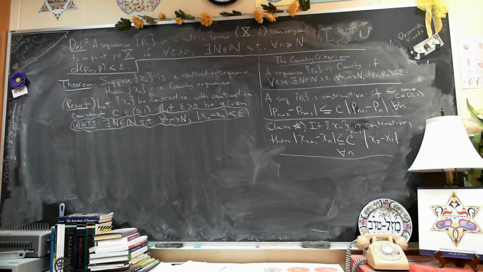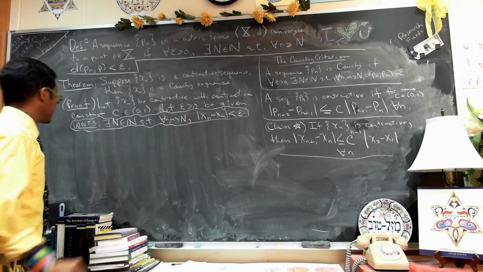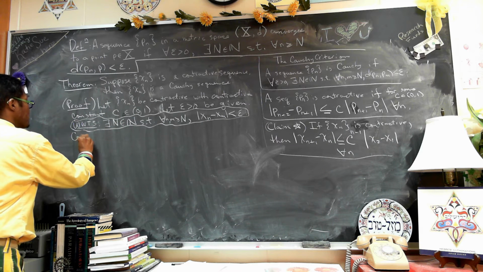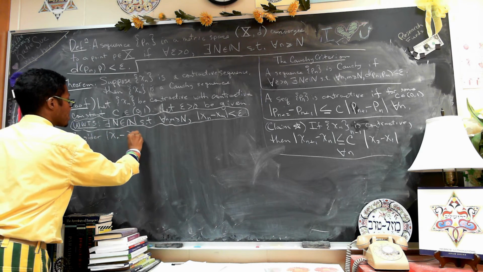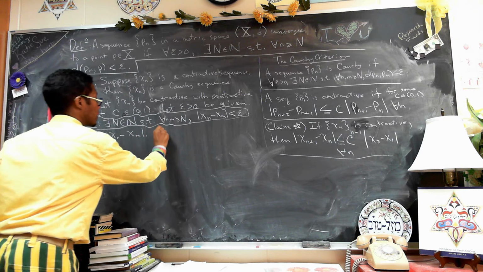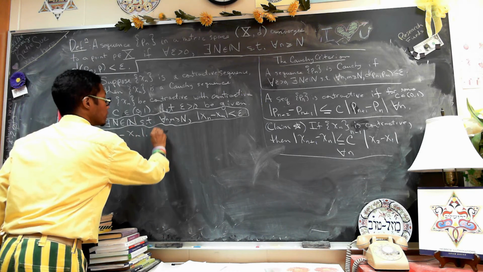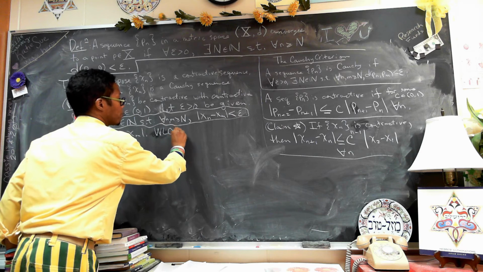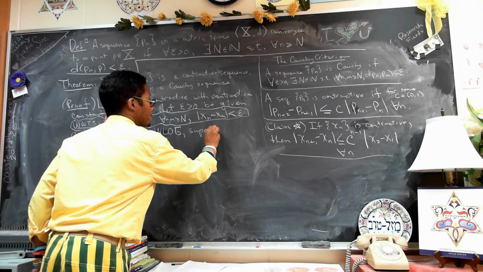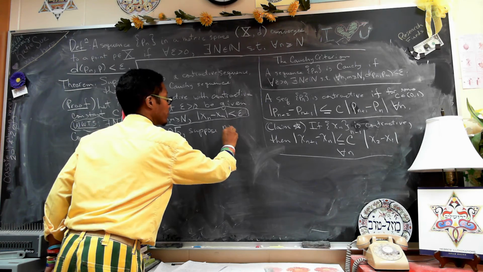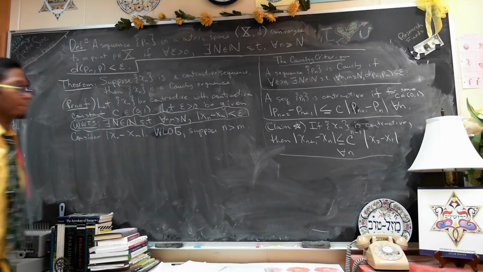Okay, to that end, let's consider x sub n minus x sub m. Without loss of generality, we can suppose that n is bigger than m.